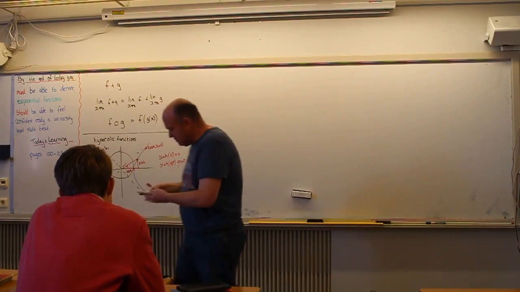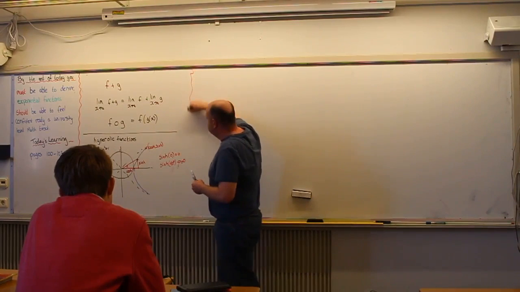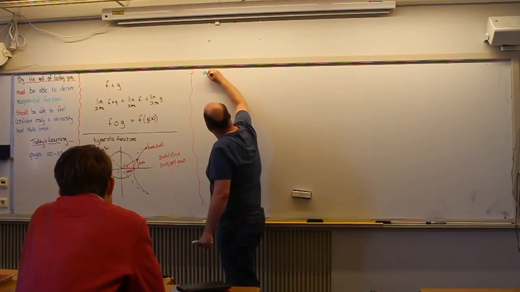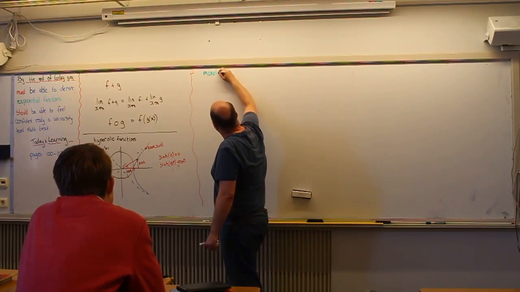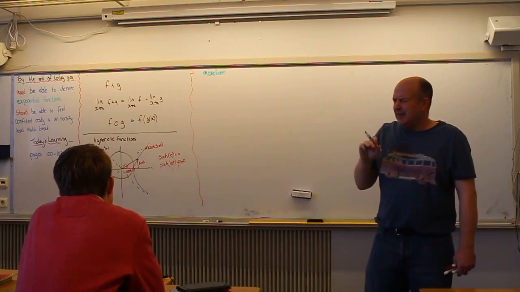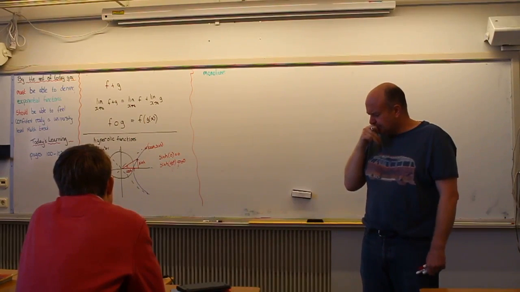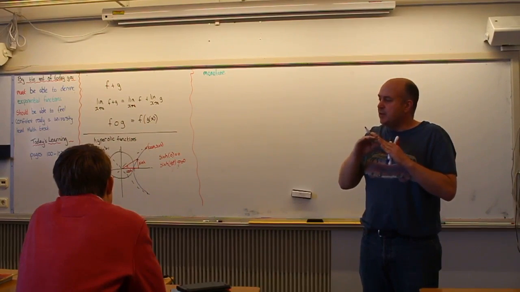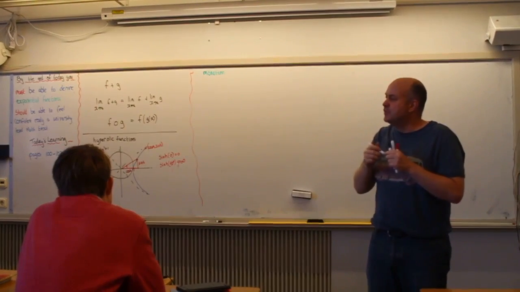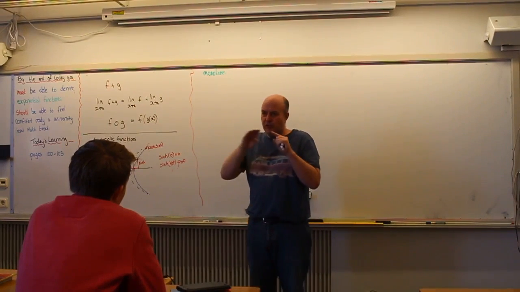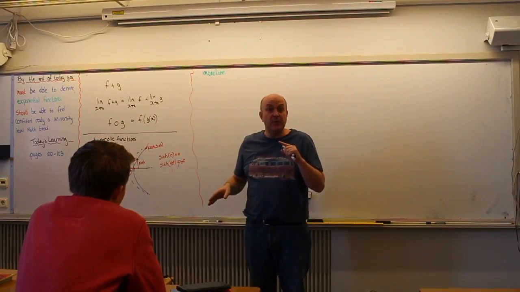The next one is this word monotone. This bit's going to be interesting. What monotone means is that in a particular interval, the function is going in one direction. So for instance, a monotone function is always going up, or always flat, or always going down.